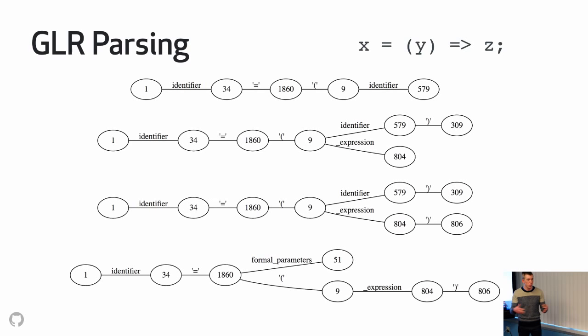Well, then there would only be one valid interpretation, the former, where y is an expression in parentheses, because the second interpretation requires there to be an arrow after the parentheses. Does that make sense? I don't think that this construct of parenthesized expressions versus arrow functions ever introduces any actual ambiguities in JavaScript code. They're just these local ambiguities where while you're in the process of parsing it, you can't tell which one is going to emerge. But by the time you're finished, you can always tell which one.